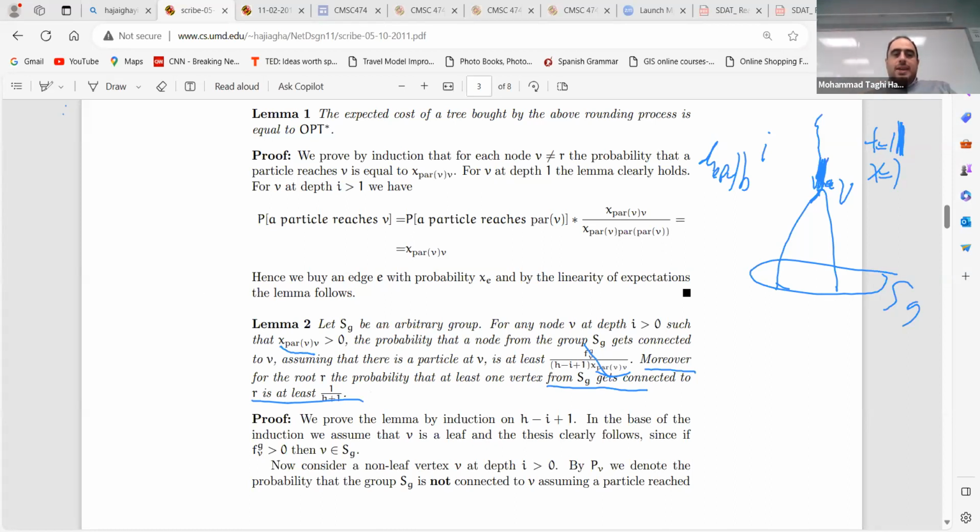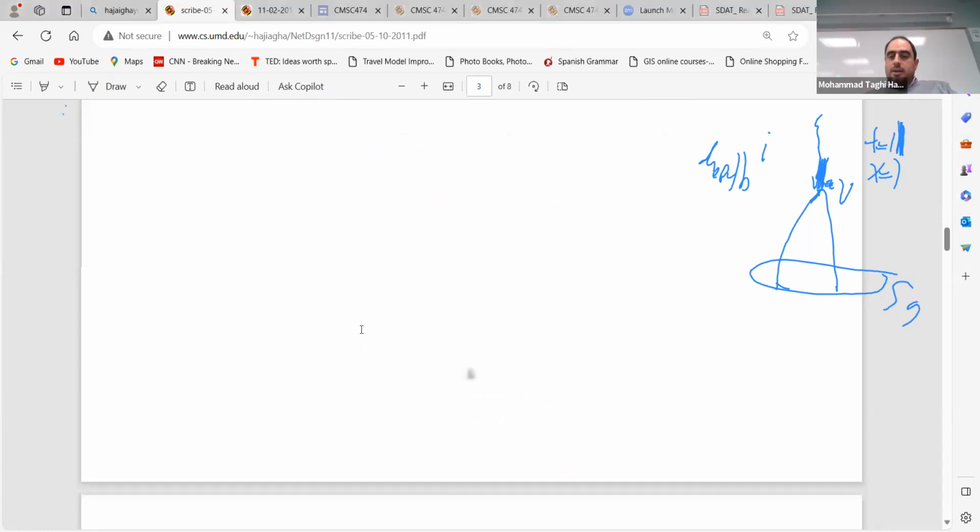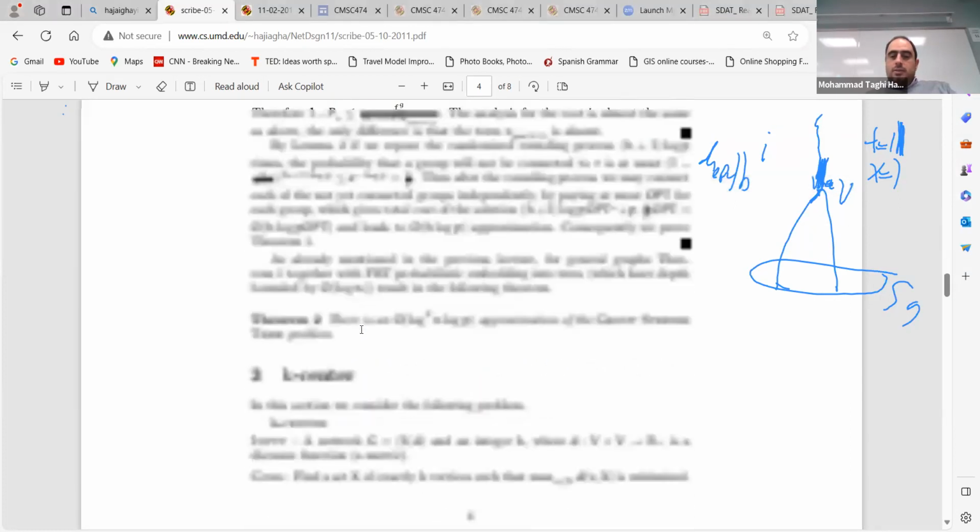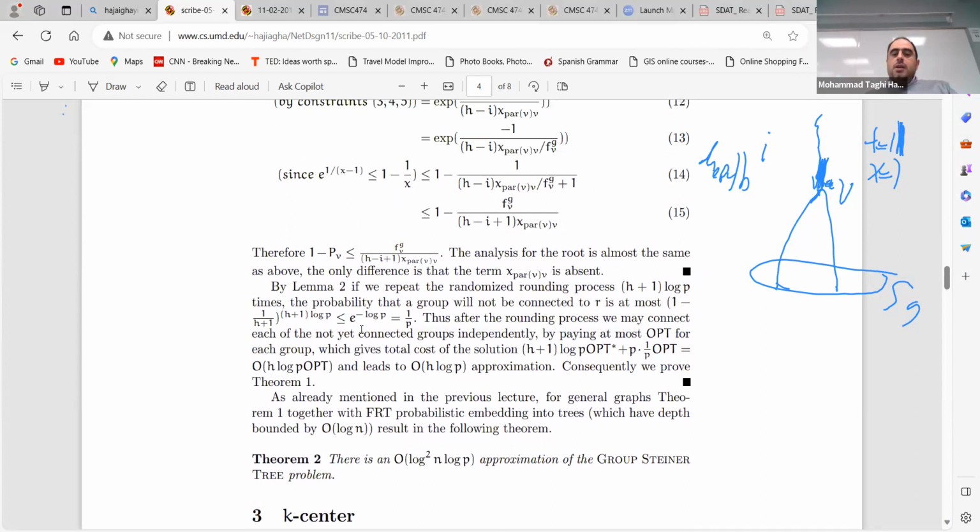But then what can we say after that? What is the algorithm? So I will repeat the randomized algorithm that I have mentioned above, with the particle process.